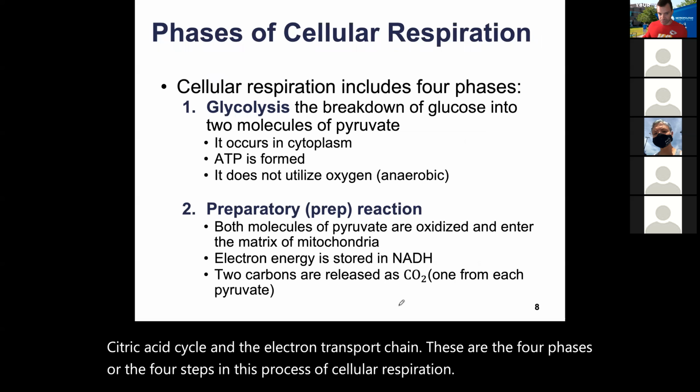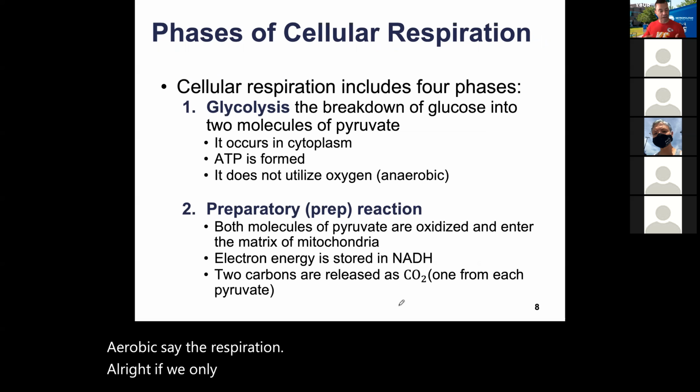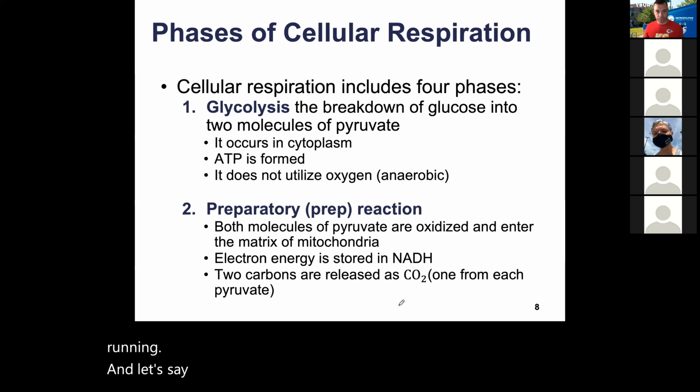Aerobic cellular respiration, right? If we don't have enough oxygen and we get into an anaerobic state, which happens very easily, okay? If you've ever been outside running, and let's say you've never run before, and you start to cramp up. Why are you cramping up?